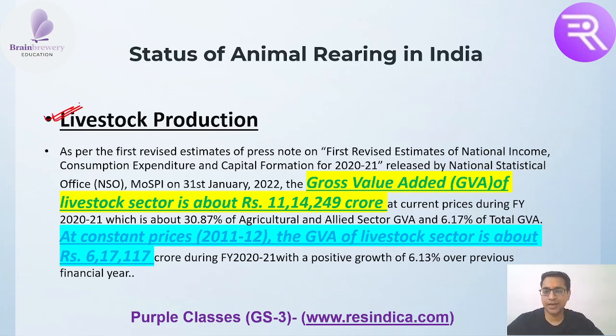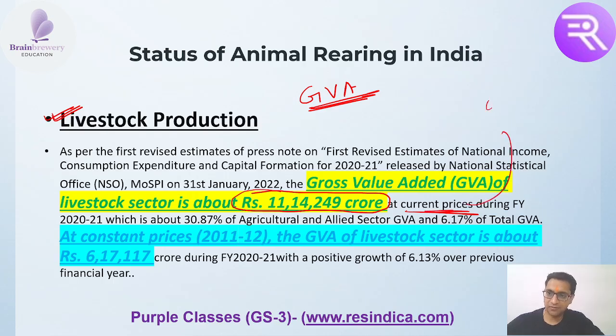livestock production: what is the value the livestock is generating in our country? Gross value addition is 11 lakh 14,249 crore rupees. That is the gross value addition of livestock at current price, meaning when we take inflation into account.